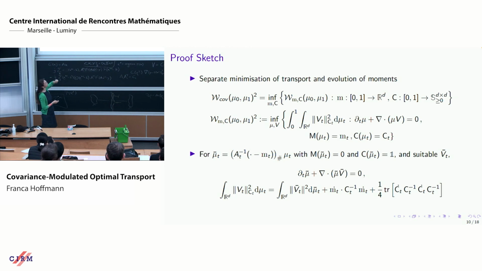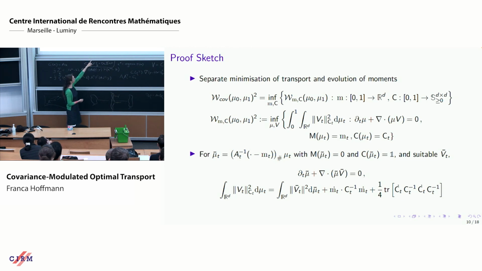But this is what allows you to do this splitting, because now you can go and actually normalize your optimizers to this WMC, and you will see that the kinetic energy nicely splits into these two parts, where the second part only depends on the moments, and this first part, I didn't write down what Vt is here, but Vt is basically a function of your A and your M and your mu, and this is then the usual kinetic energy.